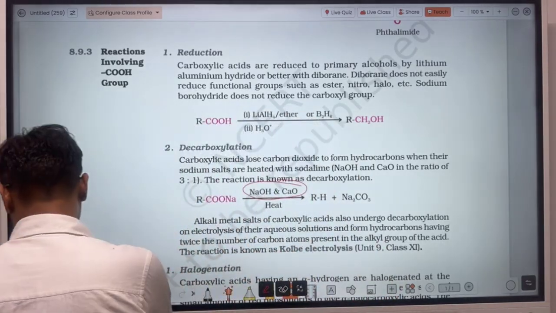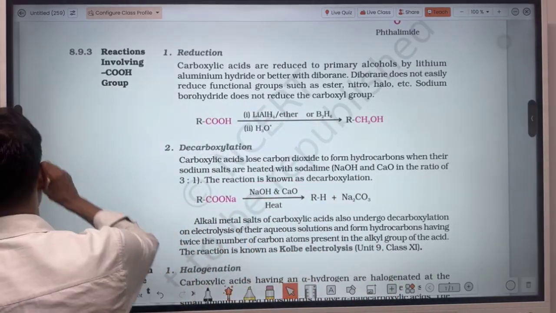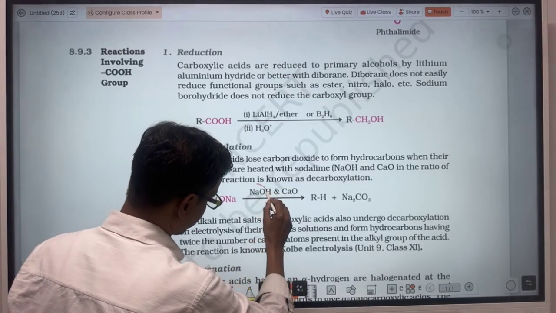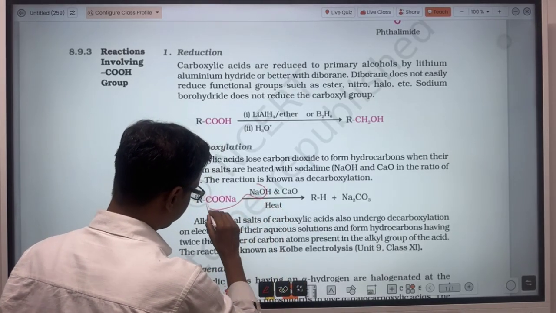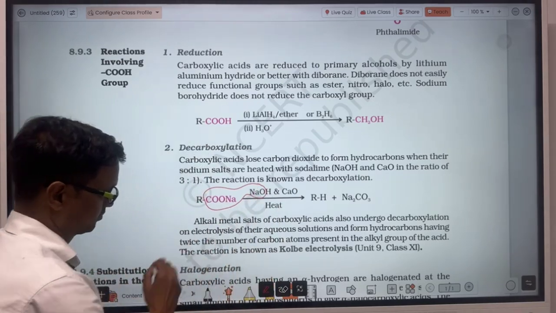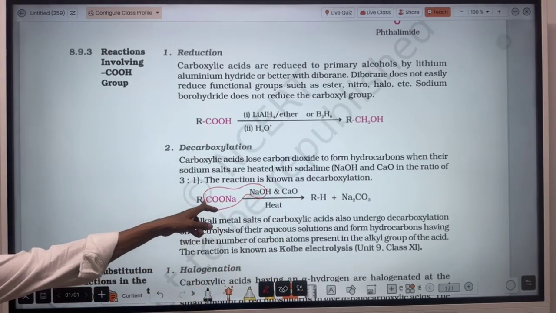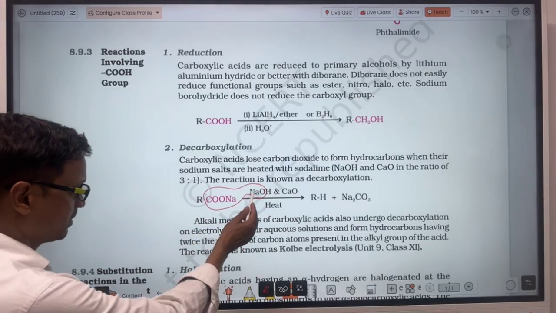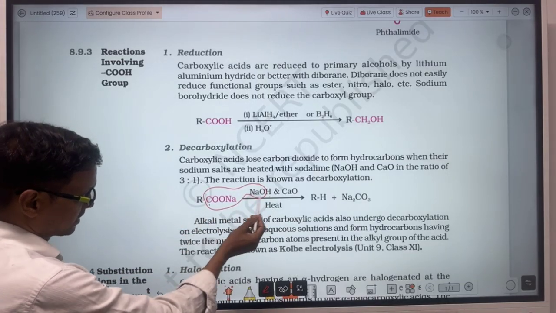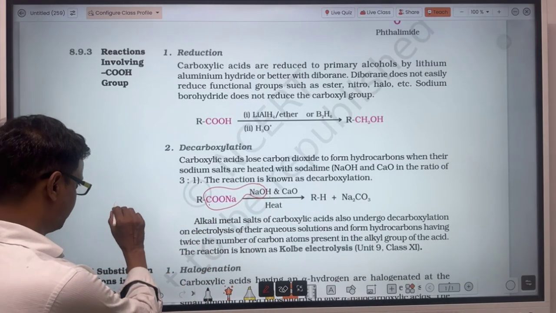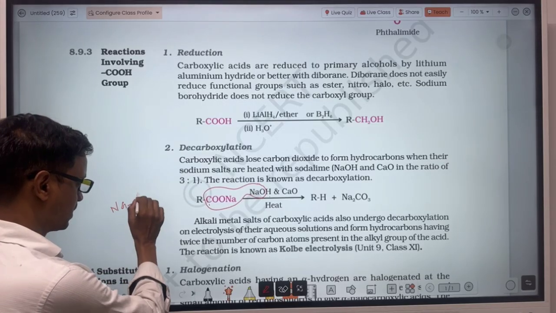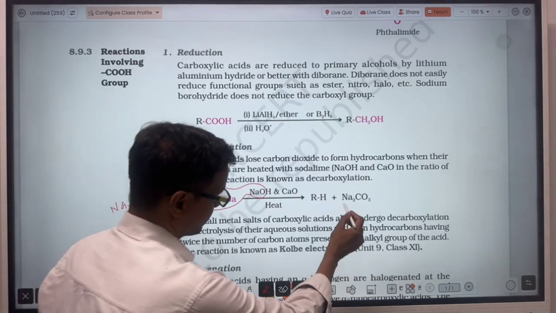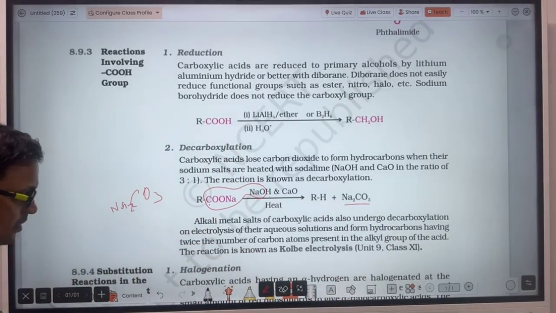What happens during this reaction? From this portion, NaO combines with the whole of this functional group. That means NaO combines with COO, so 2 sodium, 1 carbon and 3 oxygen. So Na2, C, and O3. That's why there is formation of Na2CO3.